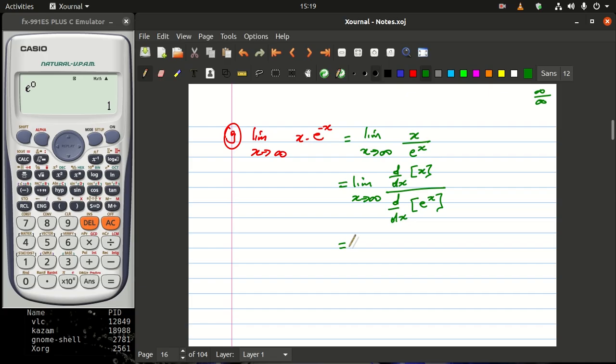Of course, the derivative of x with respect to x is just a 1. So we have the limit as x approaches infinity of 1 divided by this. The derivative of this, we know that it is just e to the power x. There is nothing that is going to change there.